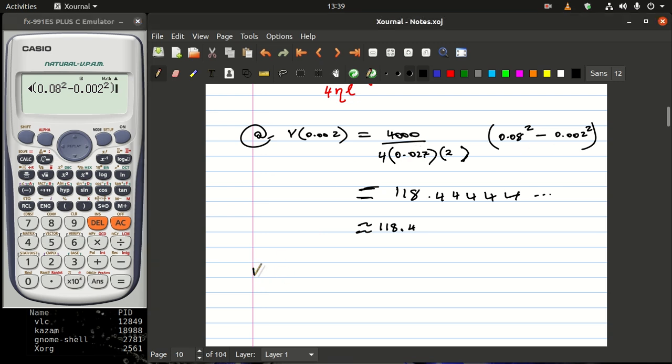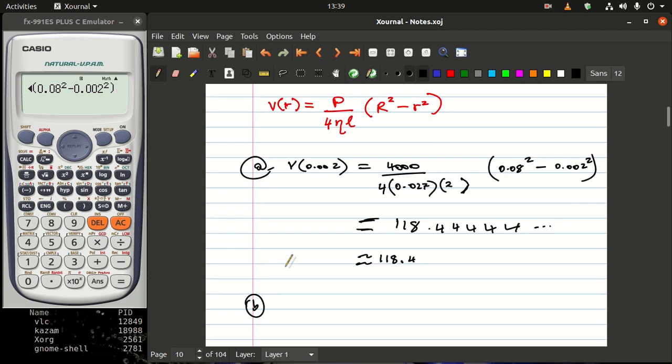And then when it comes to B, we wanted to find the velocity gradient. Most people will think that because this one is velocity, when you take the derivative, we are supposed to get acceleration. That is not the case here, because we are taking the derivative with respect to r, not t. If this was time, then it would be acceleration, but now this is just r.